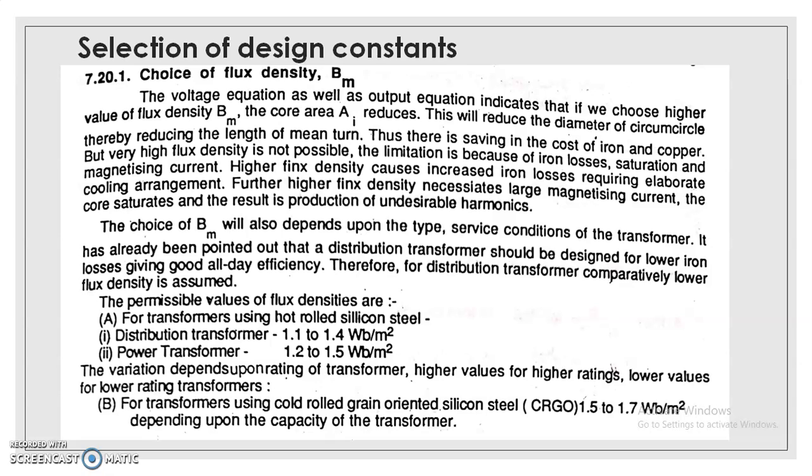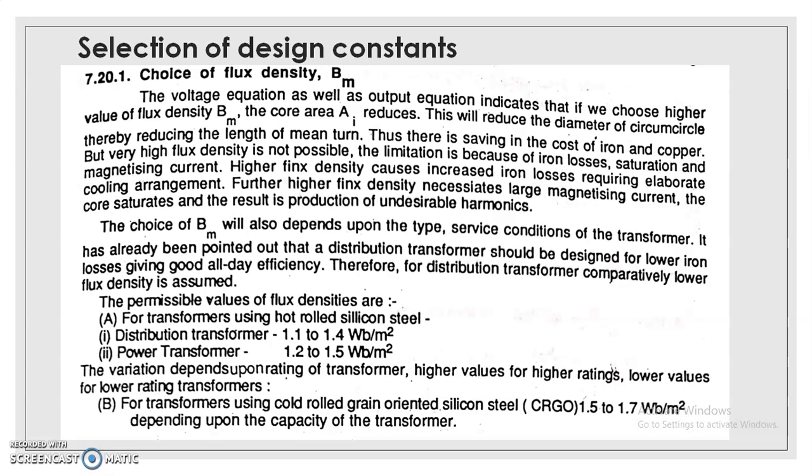Thus it is nothing but a saving of cost. But very high flux density is not possible. The limitation is because of the iron losses, saturation, and magnetizing current. Bm is directly proportional to the flux.